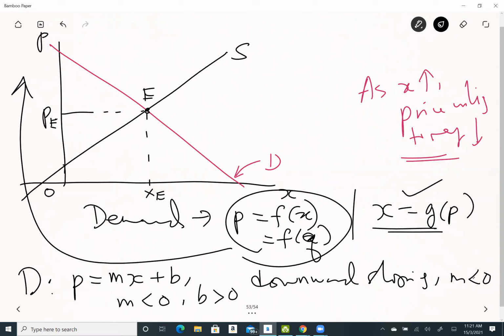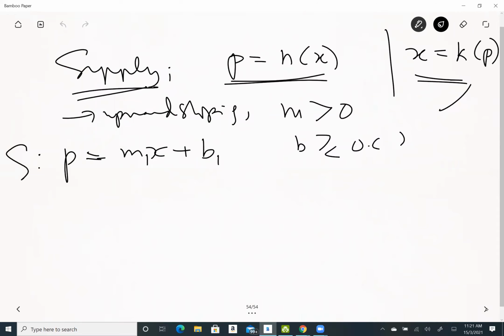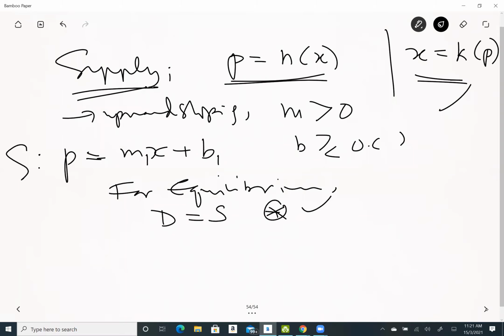So when the demand intersects the supply, you will have the market equilibrium. For equilibrium, what I need is demand equal to supply. That is the condition, so make sure we know that: when demand equals supply, you have market equilibrium.